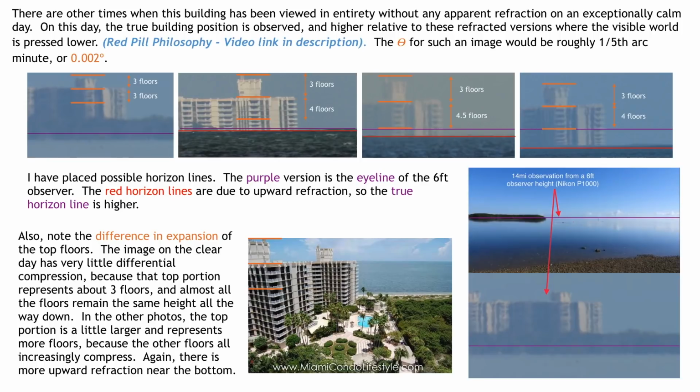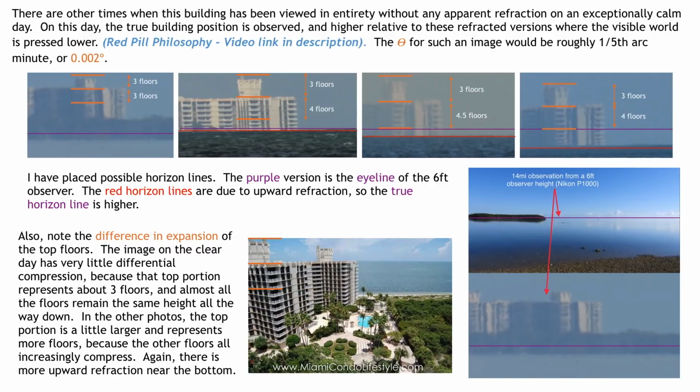And the reason is because, again, you're getting this apparent expansion of what's above and apparent compression of what's below. And that's because those light rays are traveling further as they're getting straightened out within your eye line for the information on the bottom, and not as much for the information on the top.